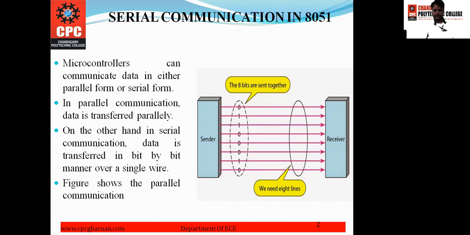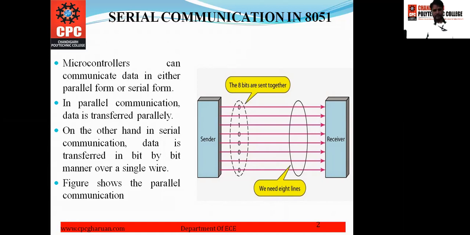As you can see here, 0 1 1 0 0 0 1 0, these are the 8 bits, and we have to send them to the receiver. For each bit, we have to use a single wire to transmit it in parallel from sender to receiver.